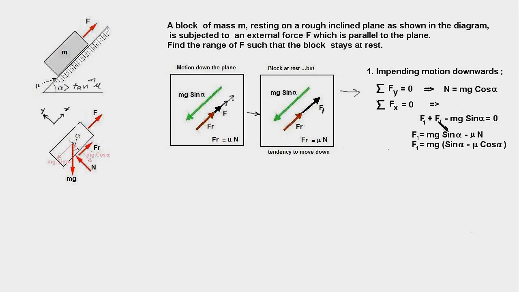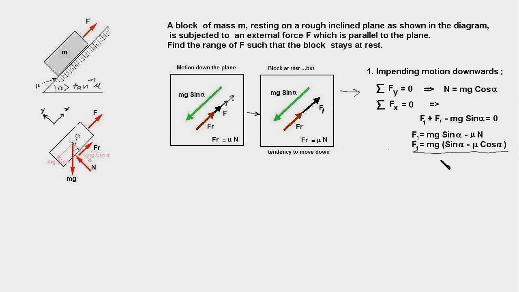Fr is the static friction at its maximum value, and therefore will be equal to mu N, and therefore we can say F1 is equal to mg sin alpha minus mu N, and N can be now replaced with mg cos alpha, and therefore we get an expression for F1 which is equal to mg (sin alpha minus mu cos alpha). So this is the lower end of the range of the force F at which the block will stay in equilibrium.